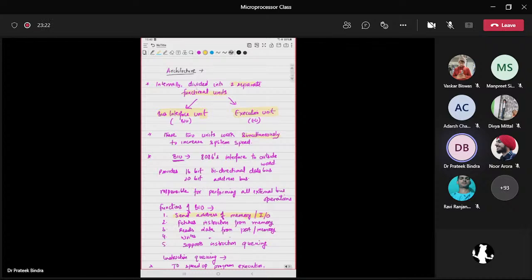As we discussed in the last two classes, can someone tell me what two things are required to get a physical address? Sir, base address and offset address.